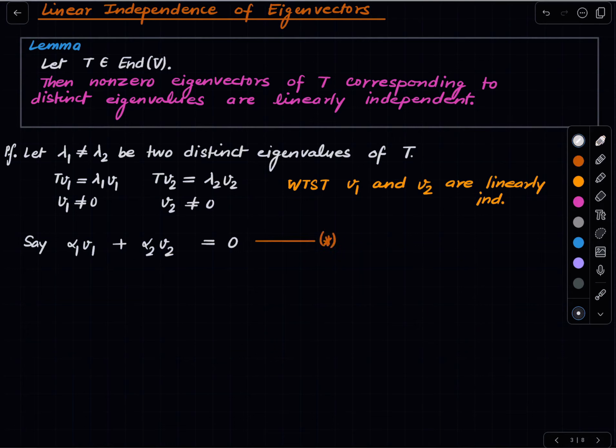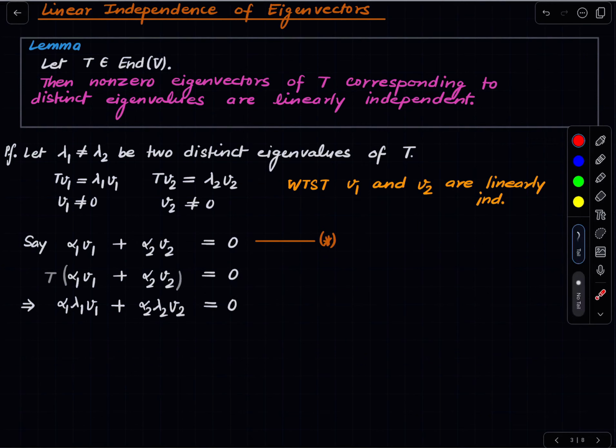And let us apply T on both sides. Applying T on both sides gives us T of the left hand side equals 0, which implies that T of alpha 1 V1 is equal to that and T of alpha 2 V2 is equal to that. Let us call this dagger.